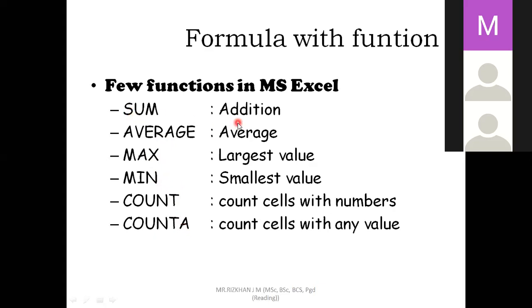Sum is for addition, average is to find the average, max is to find the largest value, min is to find the smallest value, count is to count how many cells we have numbers. Count will count only the numbers, and if we type any date, it will count that.